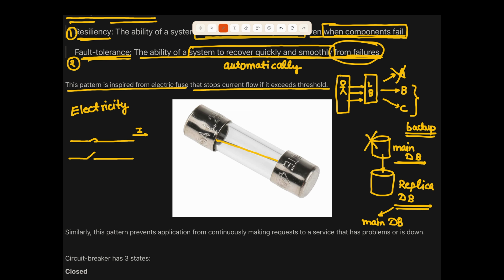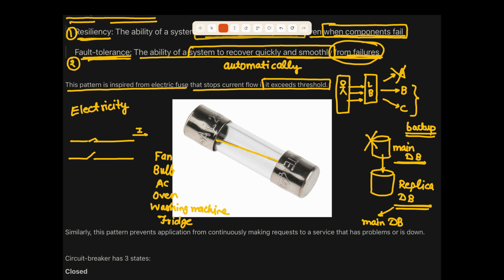Due to this, some appliances, let's say fan, bulb, AC, oven, washing machine, fridge, all were protected. Right? So this was the pattern. This was the fuse, electrical fuse, that stops the current flow when it exceeds a threshold. It does not stop the current automatically.